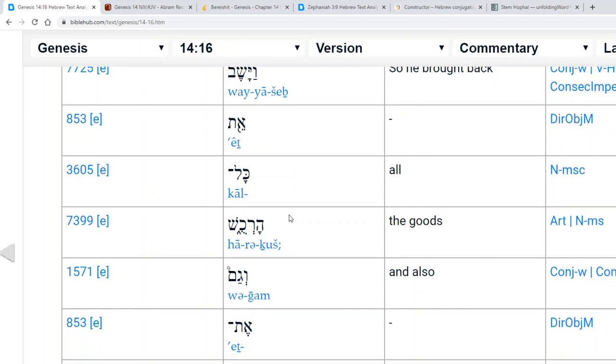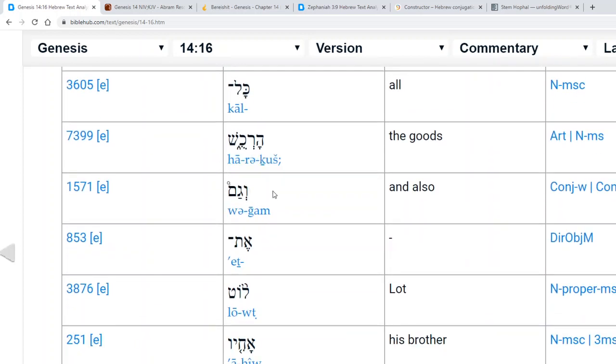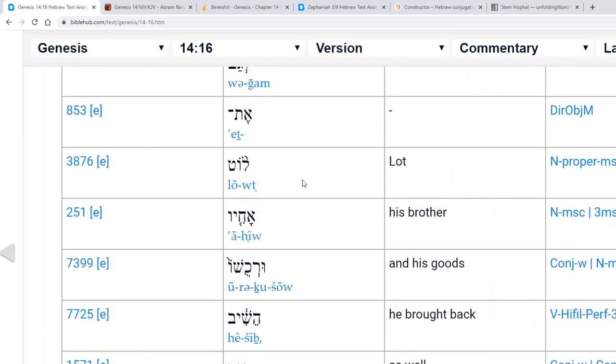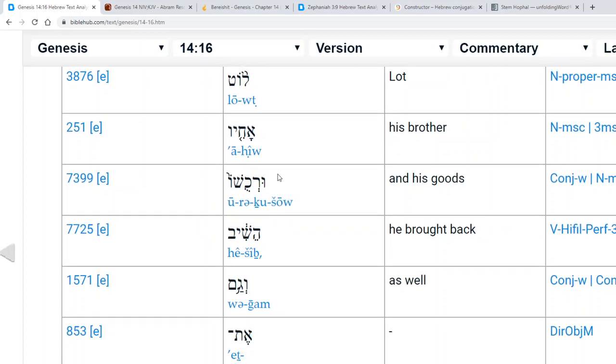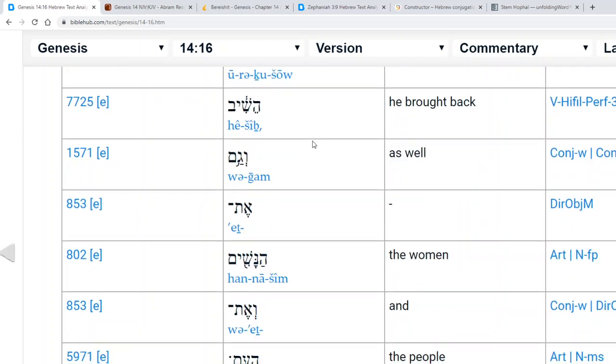Kol means all. Ha rechush, right, the article, and rechush is goods, written with bechisaron. Vegam, so conjunctive vav, and also. Et is the direct object marker. Lot, which is his name, achiv, his brother, right, relative, but urechusho, so conjunctive of rechush again, written bechisaron, and his goods.